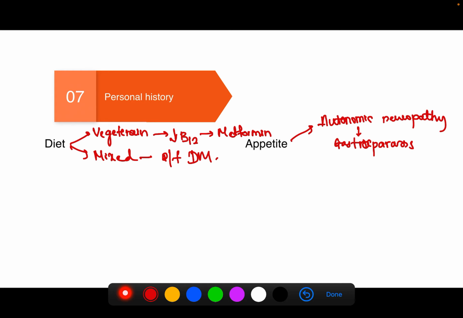Because the motility is decreased, the patient always feels full, and therefore their appetite is reduced. It's very common that diabetic patients say, doctor, I don't feel hungry. Even if I eat very little at night, I don't feel hungry. This is because of the gastroparesis.